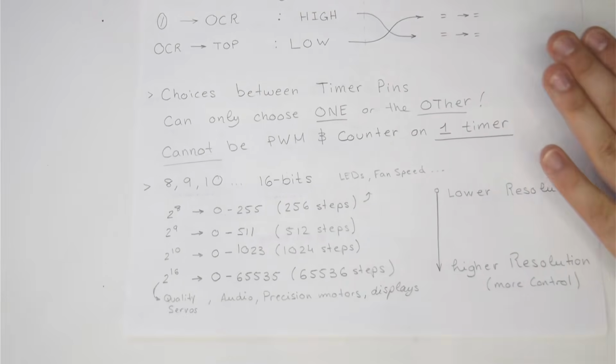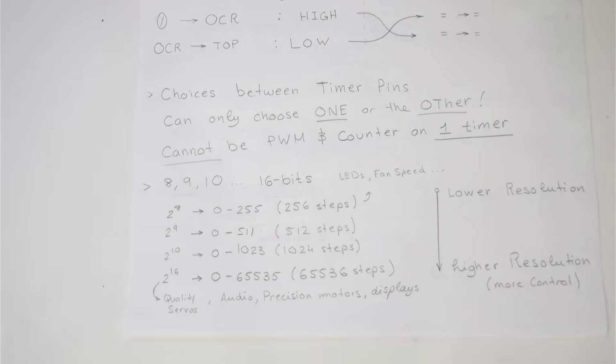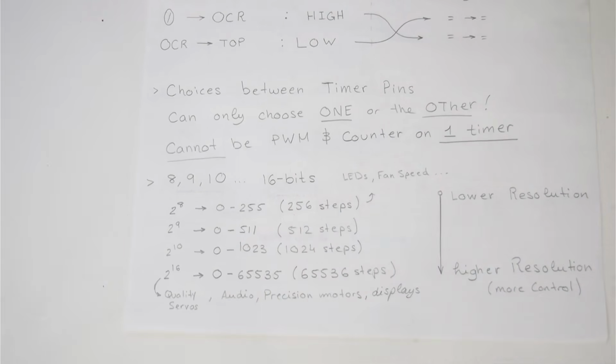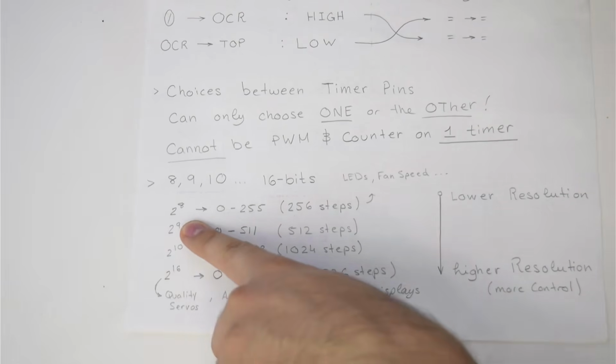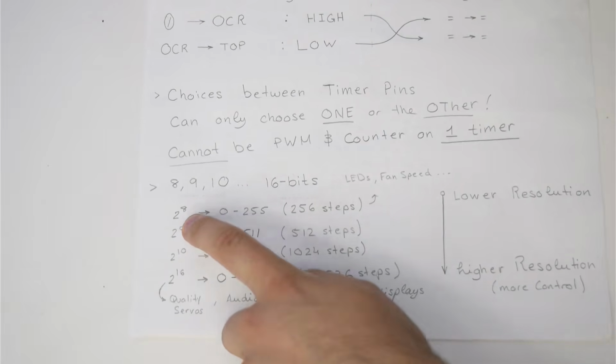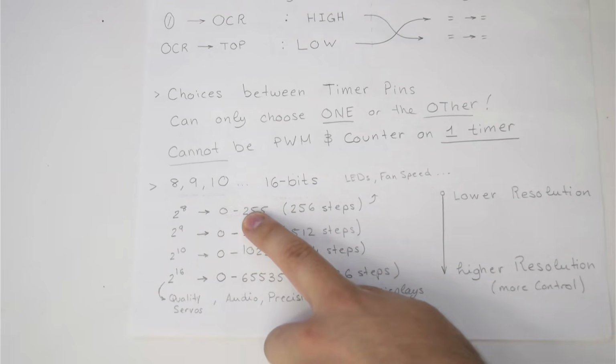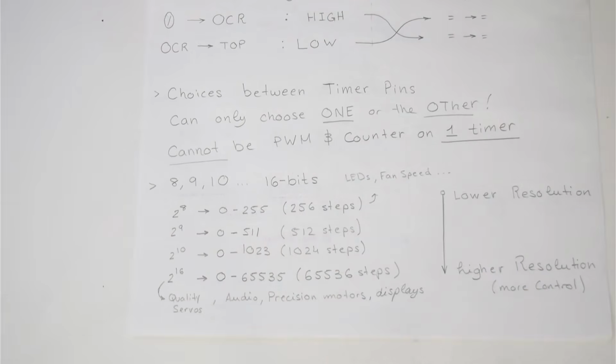Now, timers also have resolutions. For PWM, we have 8-bit, 9-bit, 10-bit, and even 16-bit. The most common one is the 2 to the 8, or 8-bit timer, which goes from 0 to 255, and that represents our duty cycles.